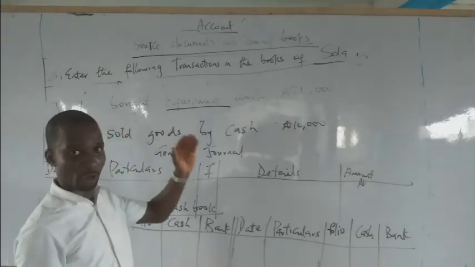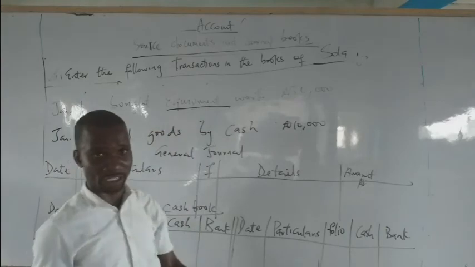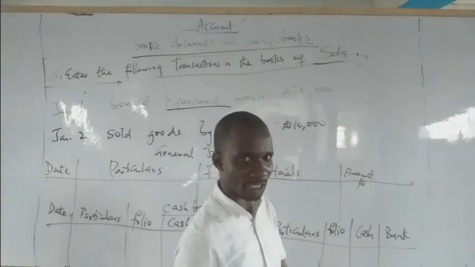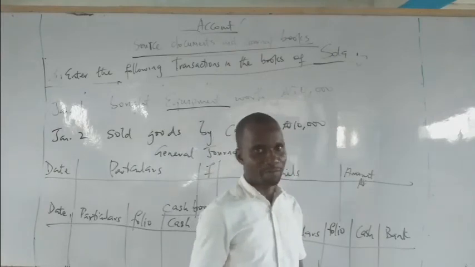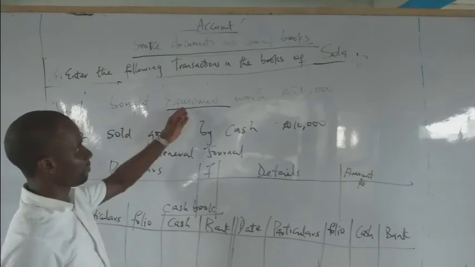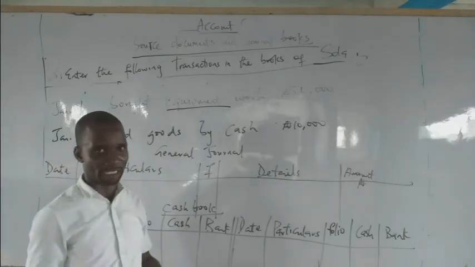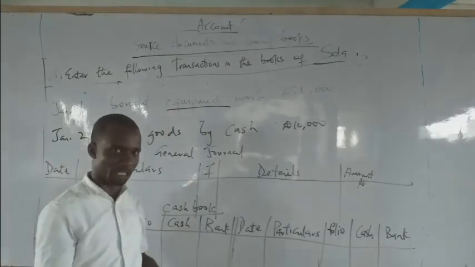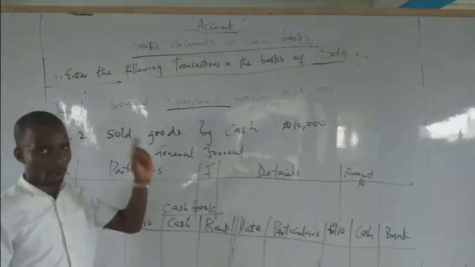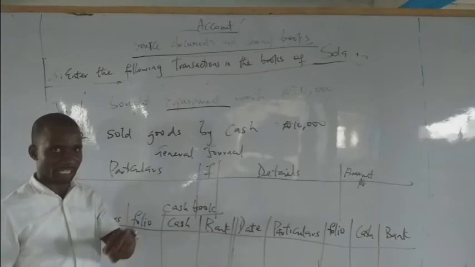If you are saying stock of a tomato seller, that is the tomato he is trading. But if they said the tomato seller bought, let's say for instance, a bench, a bench is not what the tomato seller is trading on. Bench, you can see as an equipment, because that is not what he's trading on. But if they say tomato, your mind should go to stock or goods. That is what the person is trading on.